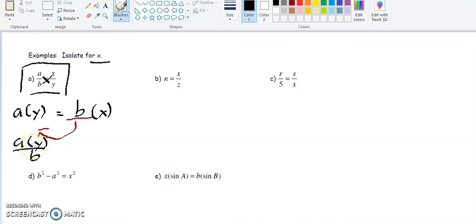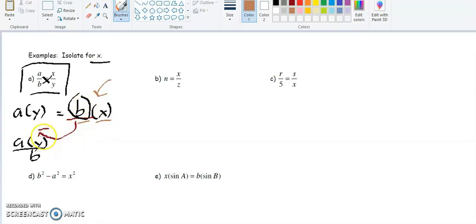Remember, when we move something over, or when we transfer one variable from the right of the equal sign to the left, we have to do the opposite operation. So as you can see, the operation used for b on the right side is multiplication because it's b times x.